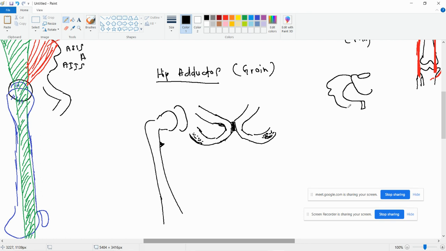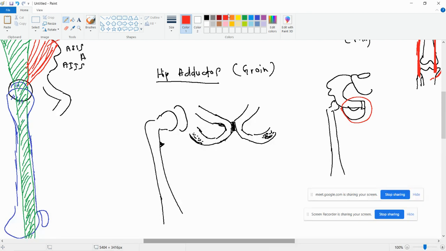This diagram, you should be familiar with this diagram. So usually when we talk about the hip adductors, class, don't forget your femur over here. Usually, when we talk about the hip adductors, these muscles originate from this region, the medial pelvic girdle.